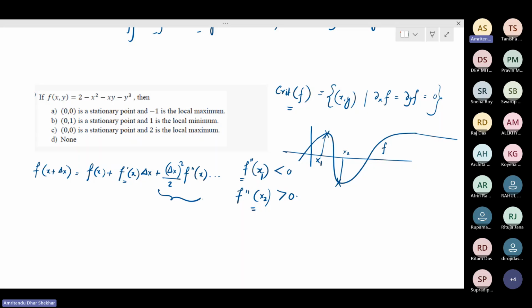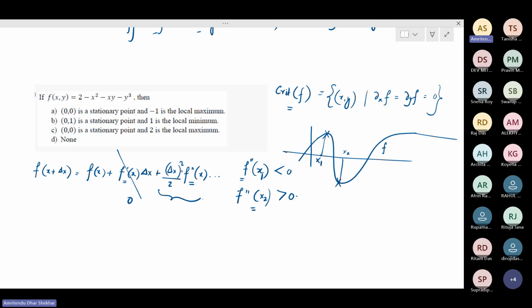Okay, and when we are taking this second order approximation of the function f, then the sign of f double dash x becomes important, because anyway this term is zero at the critical point.